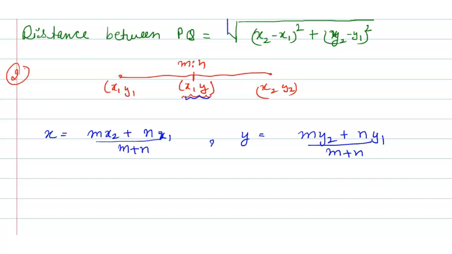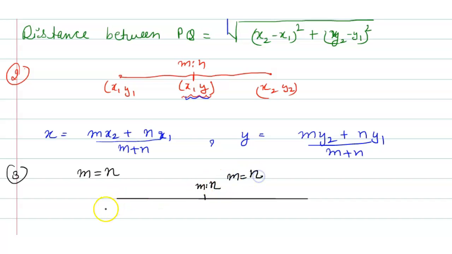Now next, third is the particular case if m is equal to n. You can see that here is a line in which m is equal to n, and this point is x1, y1 and this point is x2, y2.